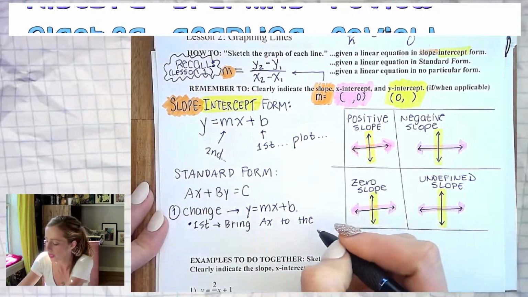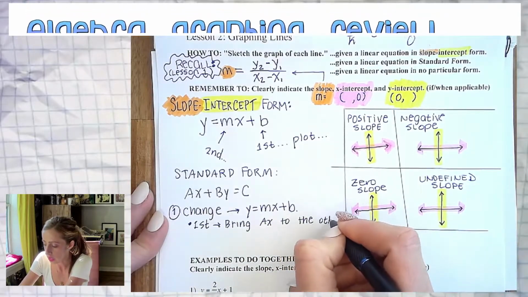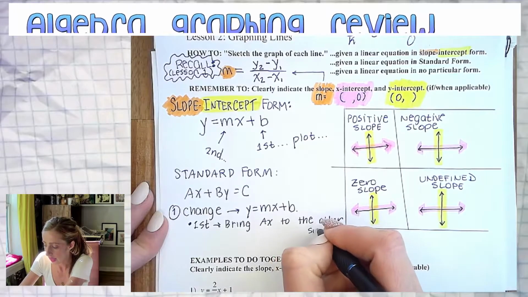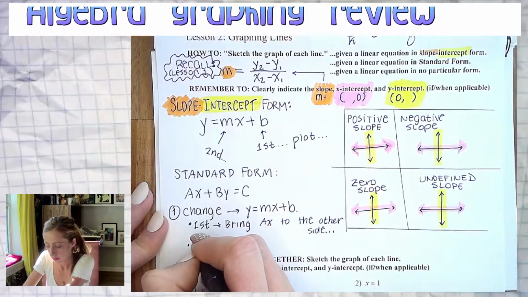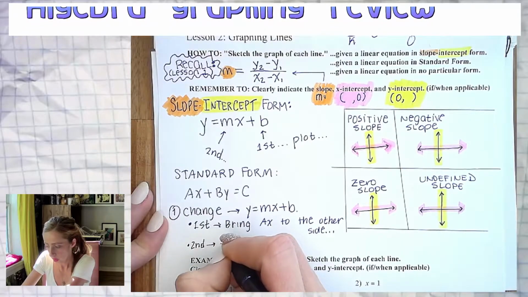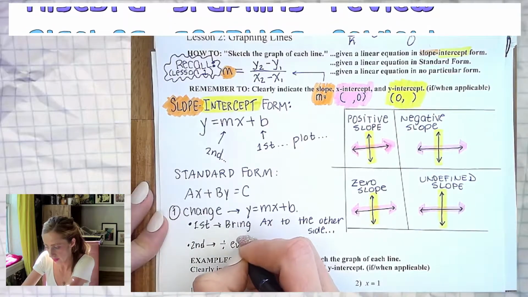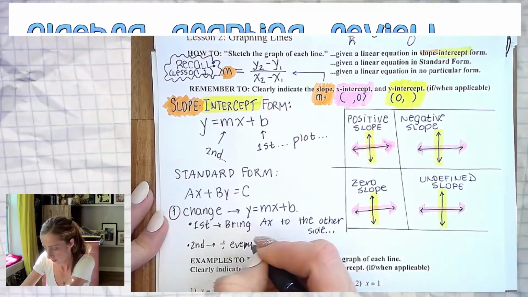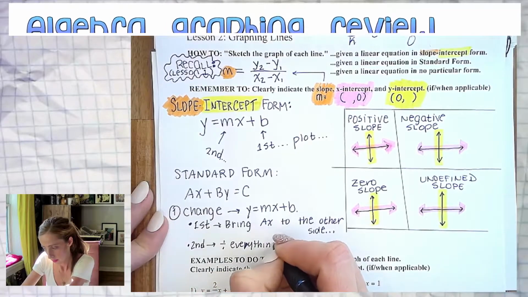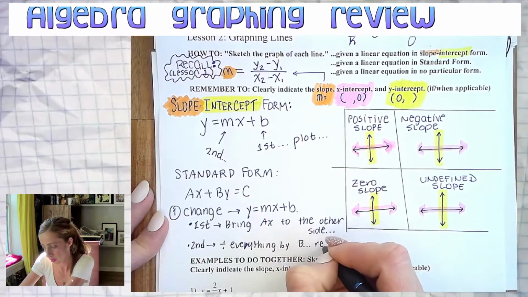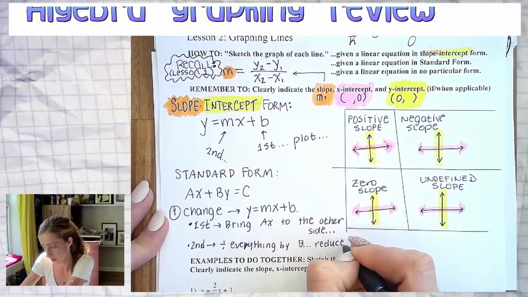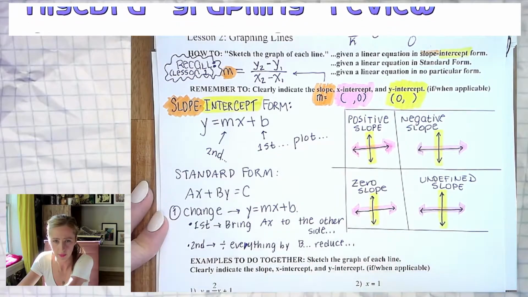So we have a couple examples. Second, we're going to divide everything by B and reduce everything, all three things. And you go from there.